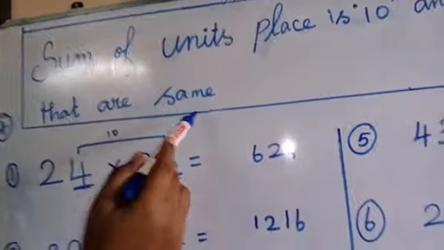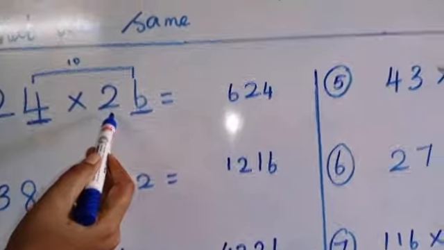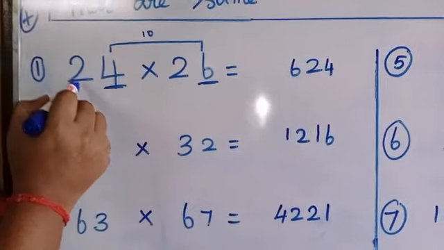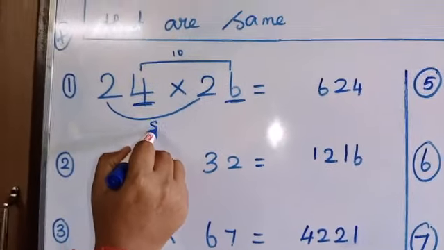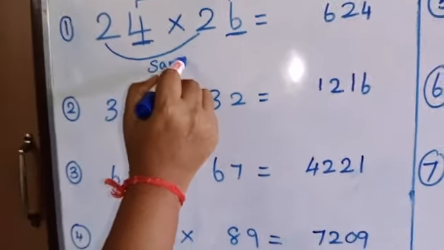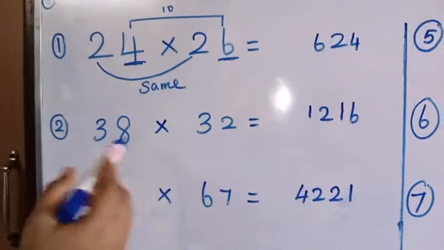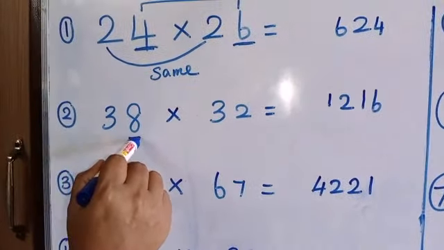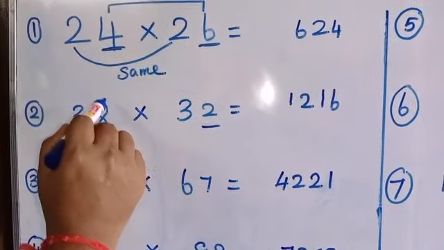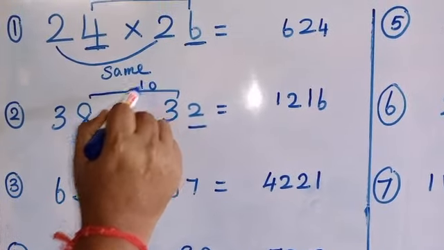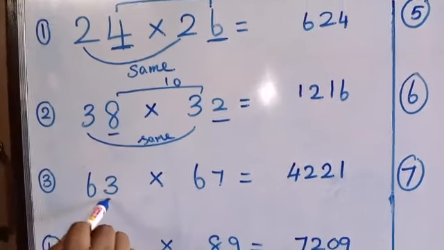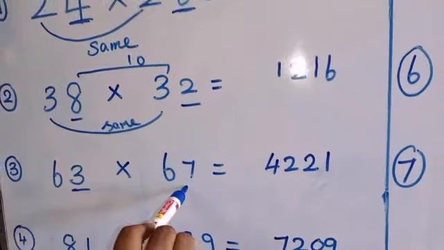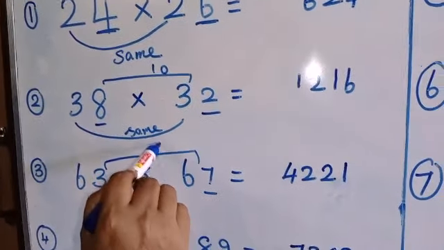Next, the digits before that are the same. Here before is 2, and here also the same. Likewise, 8 plus 2 equals 10, and the digits are the same. 7 plus 3 equals 10.